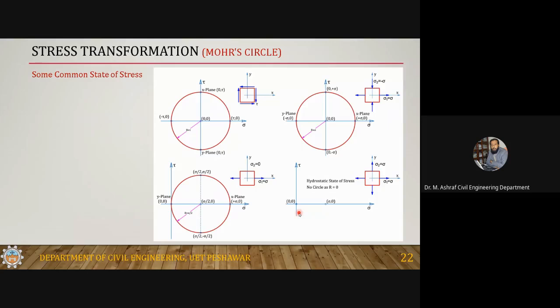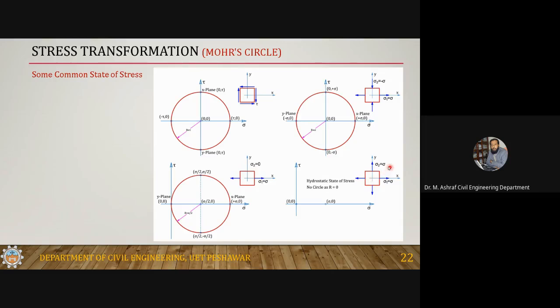In the case of water pressure, if you place a body inside water, and if you take a small element inside that body, the pressure from all sides on that body will be the same. Since this is similar to the water pressure, which is the same in all directions, the name hydrostatic is given to this one. So hydrostatic state of stress is this state of stress.